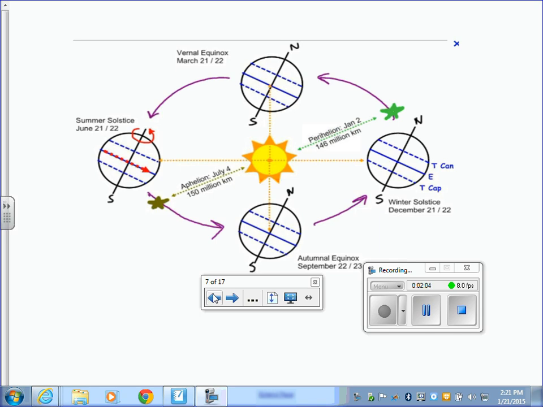And if you are looking directly at the equator, then this is going to be spring or fall. Now, if you tilt your earth so that the North Pole points at the front board, like this, North Pole at the front board, what season is it in the northern hemisphere?